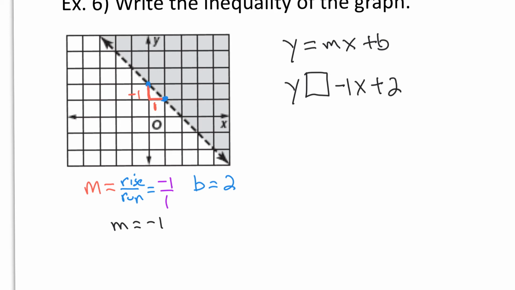For the inequality, first of all, notice the line is dashed. When it's a dashed line, there are two options: you can have a less than or greater than for your inequality. So let's think about what the shaded part means when we look at the graph. When you look at the y-intercept, I notice that the shaded part, the gray part, is on top of that y-intercept.